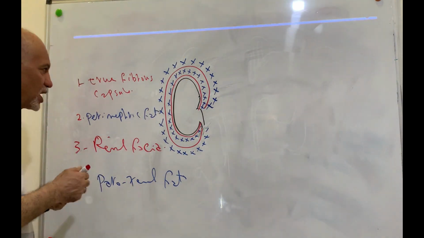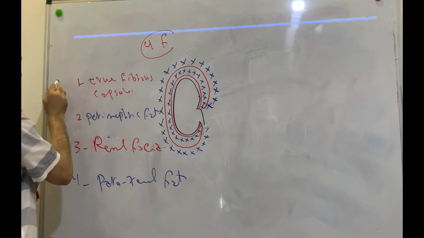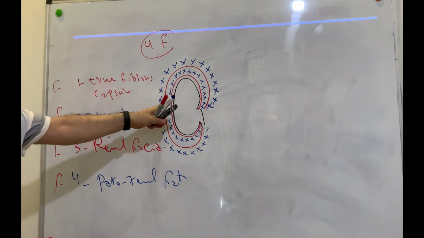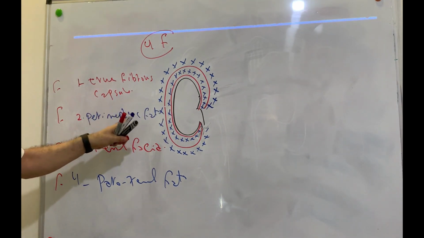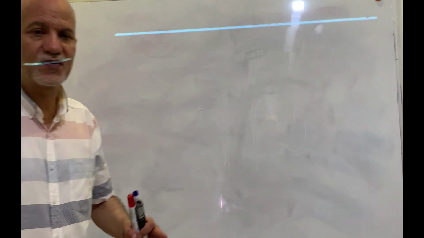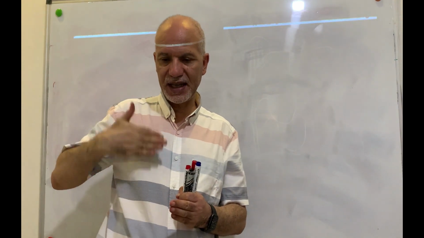We can summarize the structure of the kidney by 4F. When making a section in the kidney, F: fibrous capsule. To show the structure of the kidney, like this diagram, F: fascia, renal fascia. F again: pararenal fat.